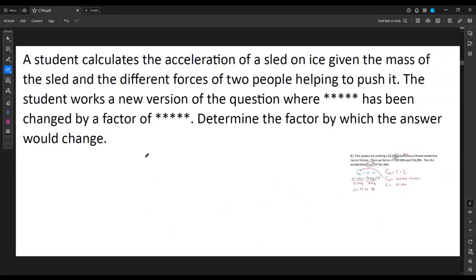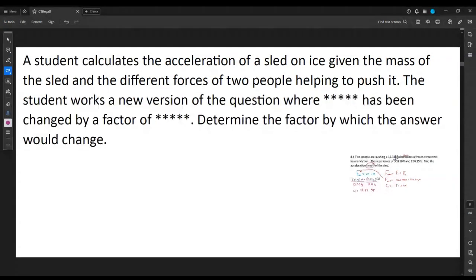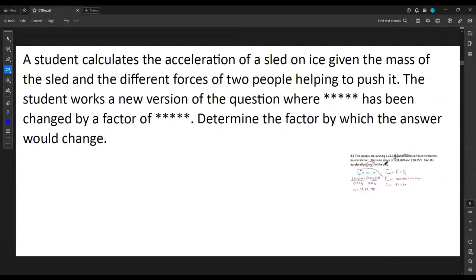All right. So going a step further from that, again, you want to pay attention to what's involved here. We have a combination of formulas that go into solving this one, if you peek at the example that we had before. So we've got the net force, with the two people helping to push, which is F1 plus F2. And then from Newton's second law, the net force is equal to mass times acceleration.